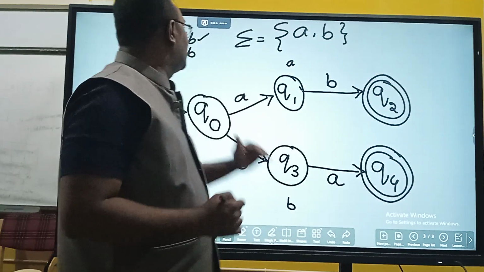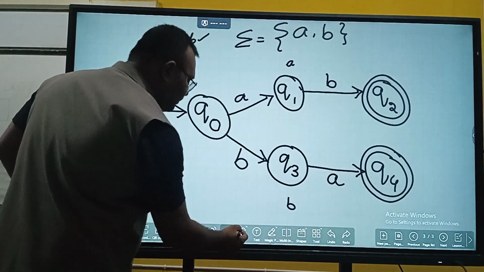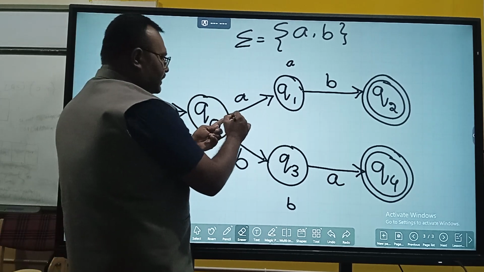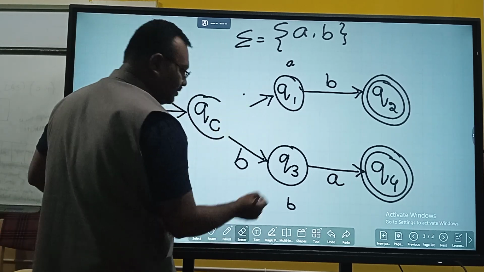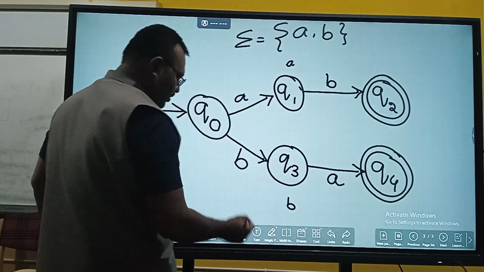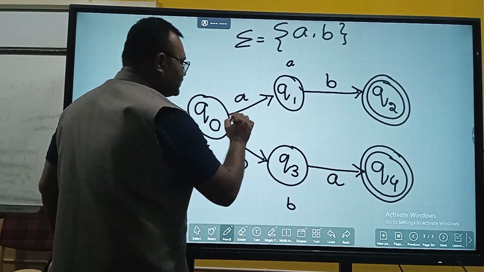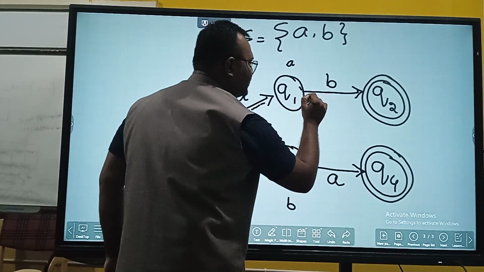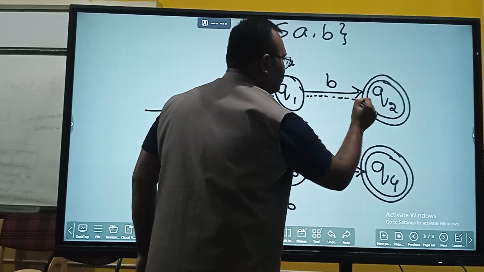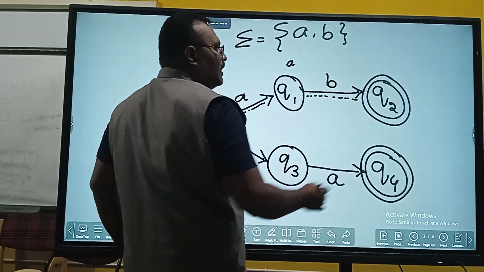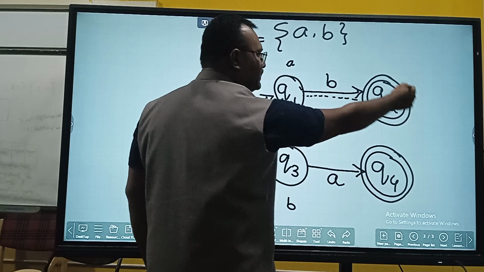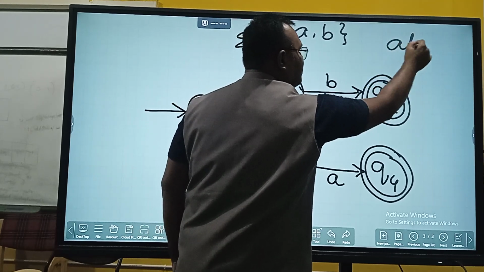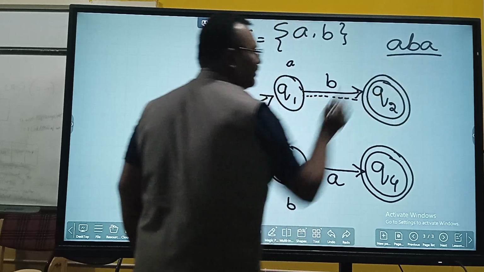Now, let us come back to our strings. Let me take one string. Suppose I take this path, what is the first character we are going to read? A. If I take this path, what is the second character we are going to read? B. Now here, I need to write something in such a way that the string ABA should also get accepted.